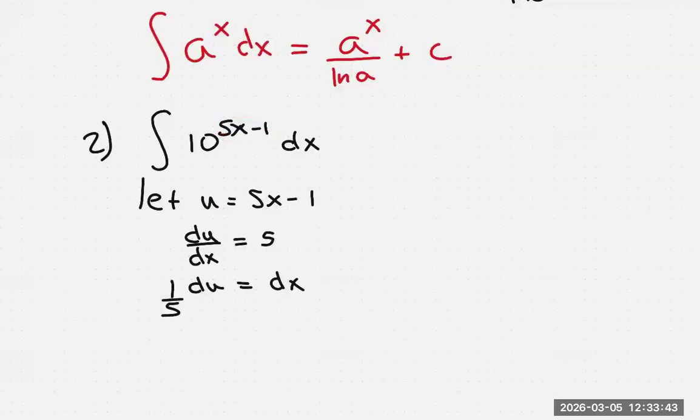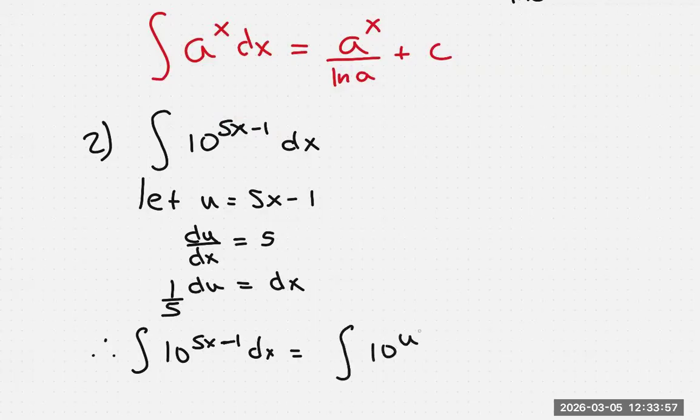So the integral of 10 to the 5x minus 1 with respect to x is simply the integral of 10 to the u, because the dx gets replaced by 1/5 du. I want to put the 1/5 outside, so I put it last.